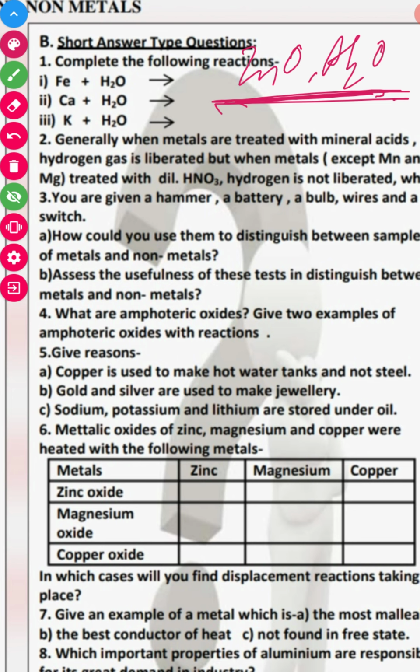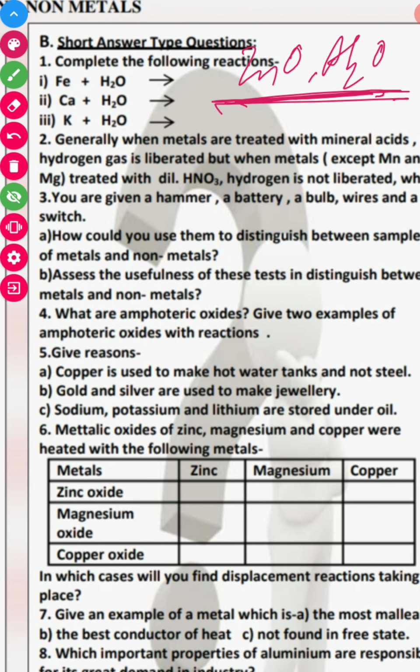Next question, the fifth question: copper is used to make hot water tanks and not steel, because copper does not react with hot water, cold water, or even steam, right?